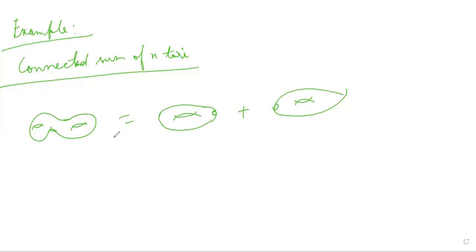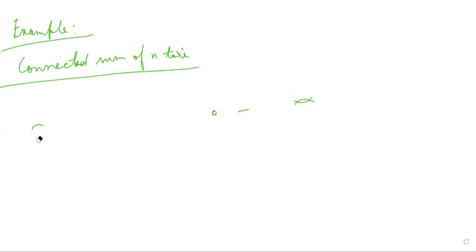Similarly, you can have a connected sum of n tori. This connected sum of n tori can be realized as an identification of a polygon, basically a 2n-gon. So something like this.